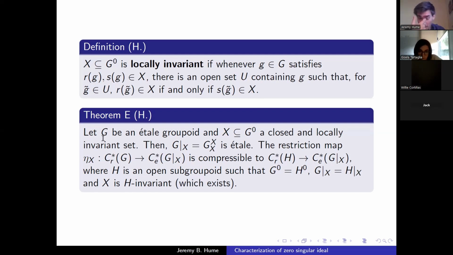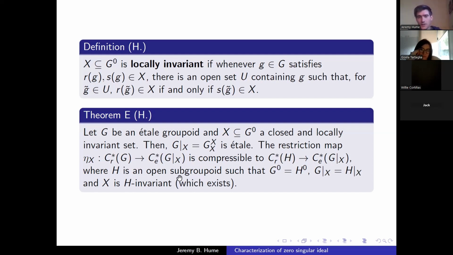The theorem is that given an étale groupoid and X a closed and locally invariant set, firstly, the reduction of the groupoid to X is going to be étale. Secondly, the restriction map from the reduced groupoid C-star algebra to the C-star algebra of the reduction by X is compressible to a star homomorphism from this groupoid H here.